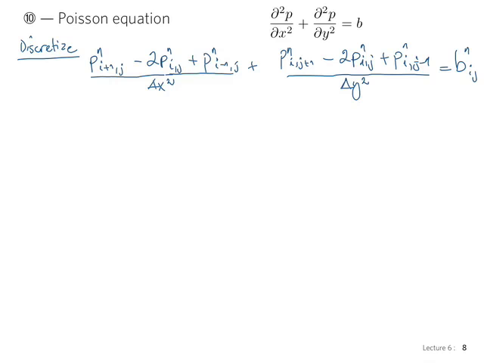That's the only difference. And we can transpose, as before, because in this case we really want to write an iterative method.